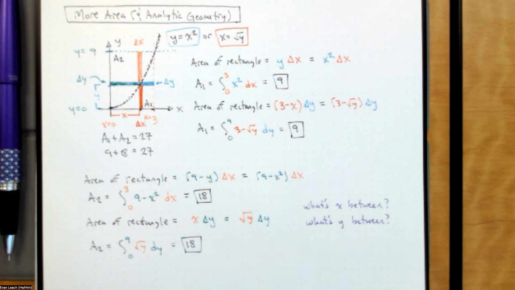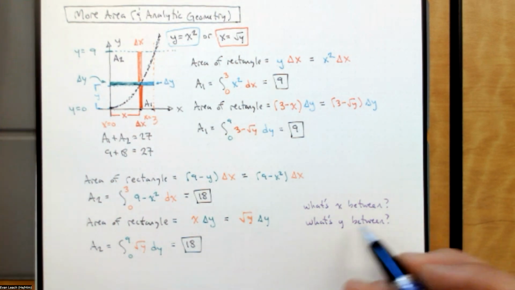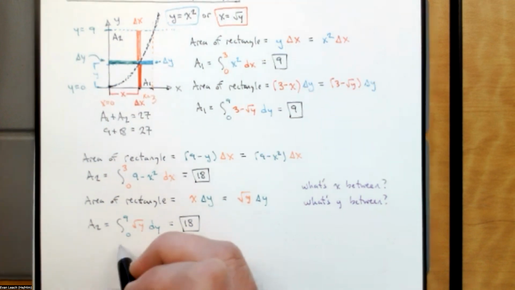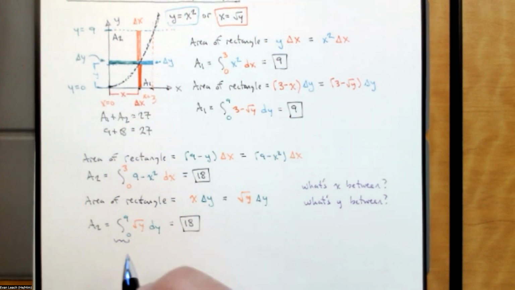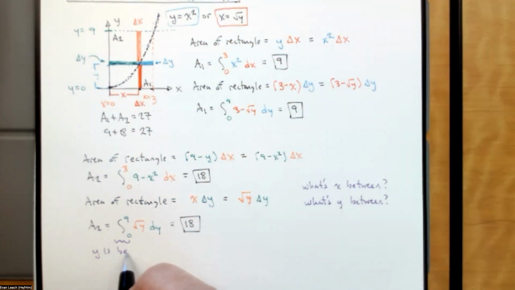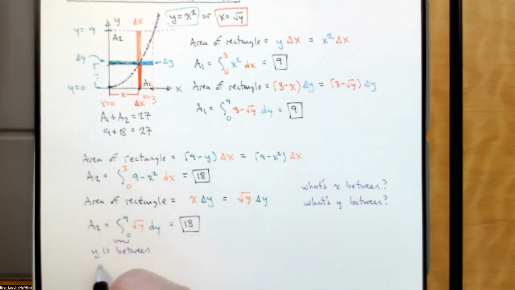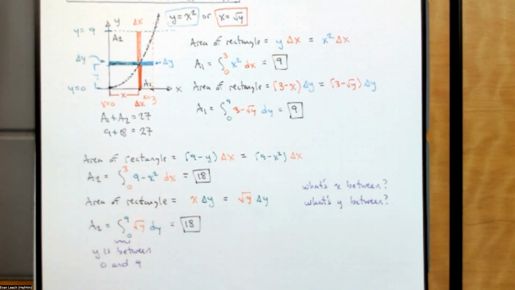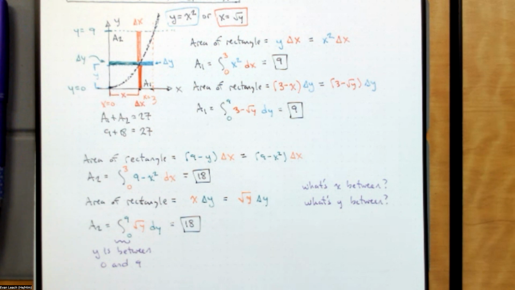For a particular value of y between 0 and 9, what's x between? So it is what's x between, what's y between. So the integral says that y is between 0 and 9.